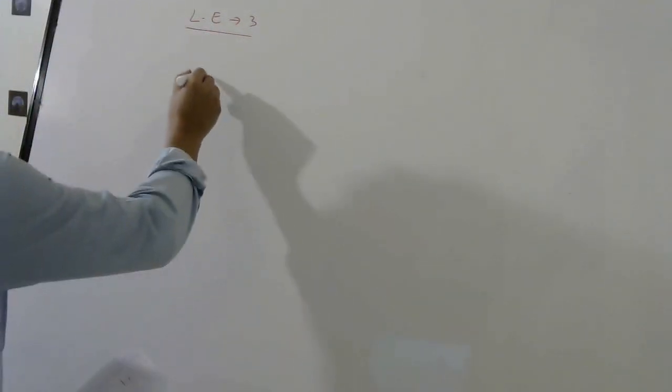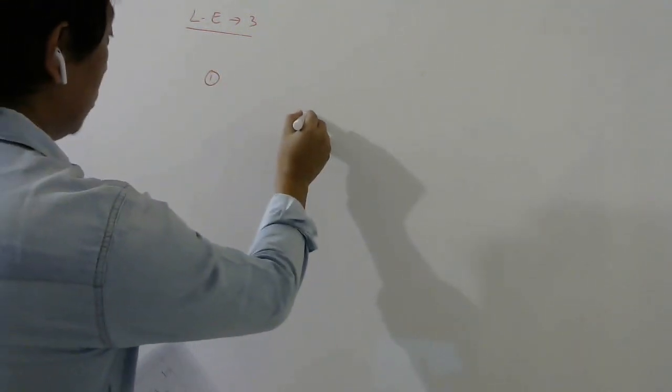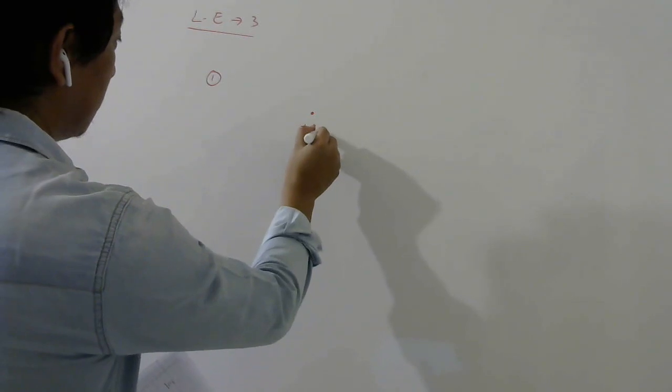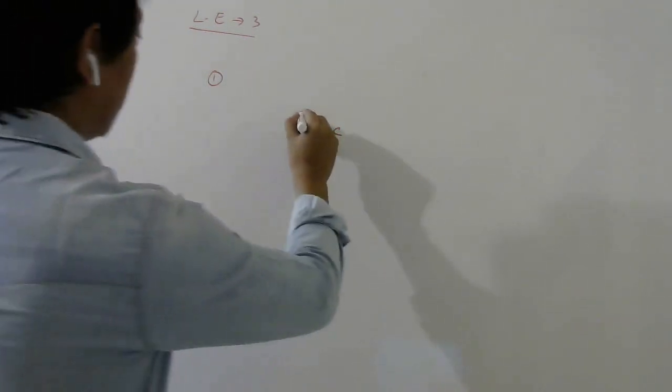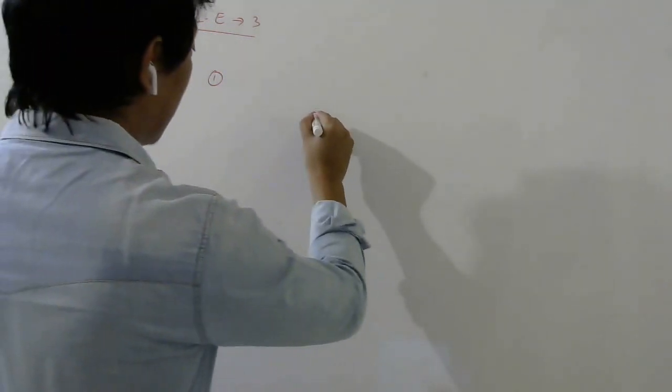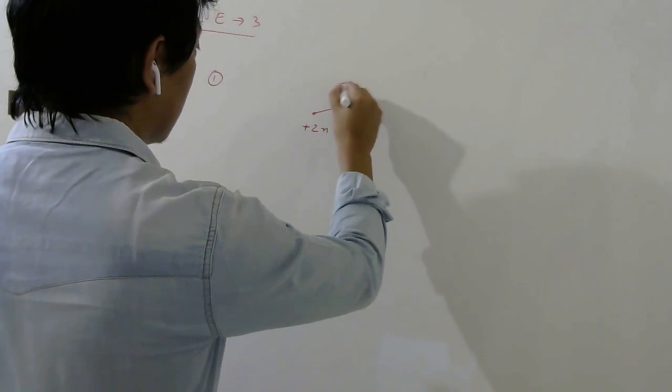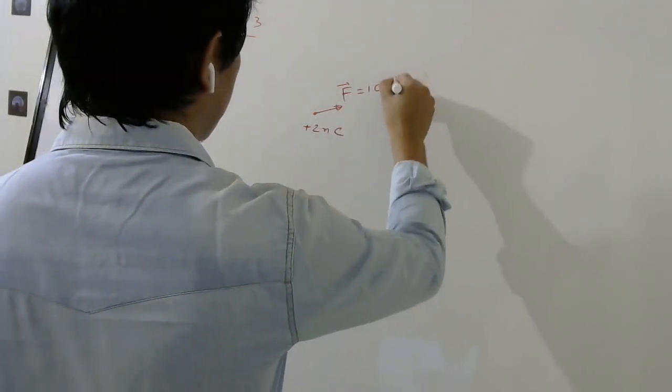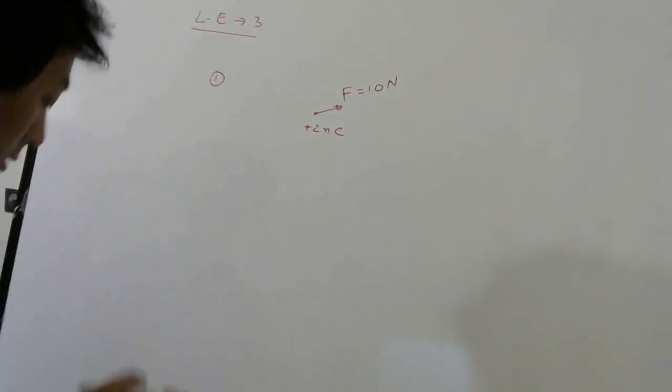Question number 1 says, a charge 2 nanocoulomb experiences a force of 10 Newton. So the question is, what is the electric field at that point?